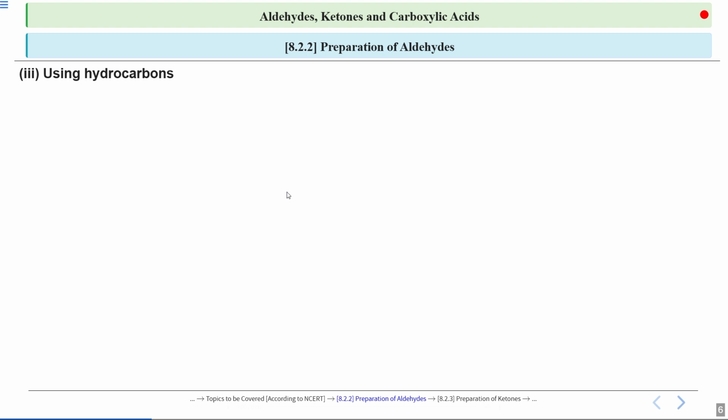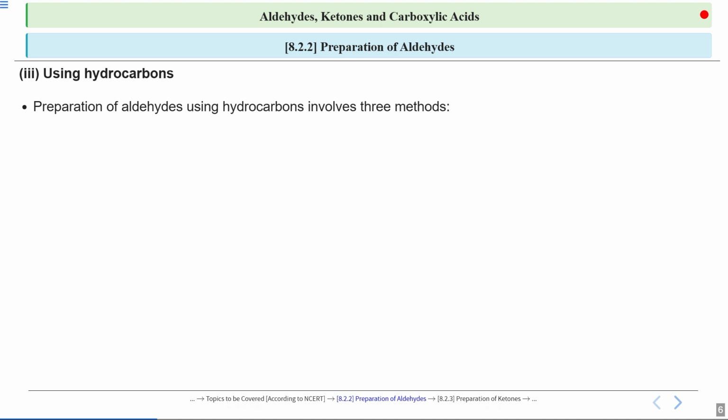Okay, so now let's start from the third method, which is using hydrocarbons. We will see the preparation of aldehyde using hydrocarbons. Hydrocarbons are compounds which are made up of hydrogen and carbon atoms. So preparation of aldehydes using hydrocarbons involves 3 methods.